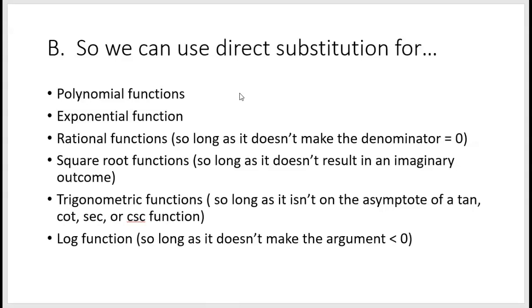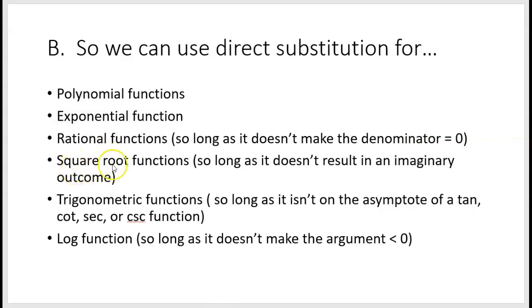And so when can you do it? When can you not? Well, you can do it anytime a function is continuous. As we saw last class, polynomials are continuous everywhere, as are exponential functions. Now, you can also do it to rational functions so long as the number that you're doing it with doesn't make the denominator equal 0. It cannot happen where the discontinuity is. But so long as you're finding a limit where there's no discontinuity, then you can do direct substitution.